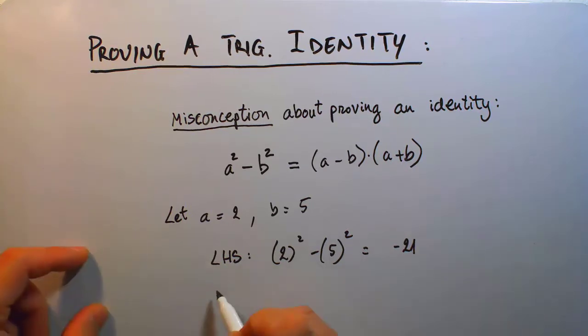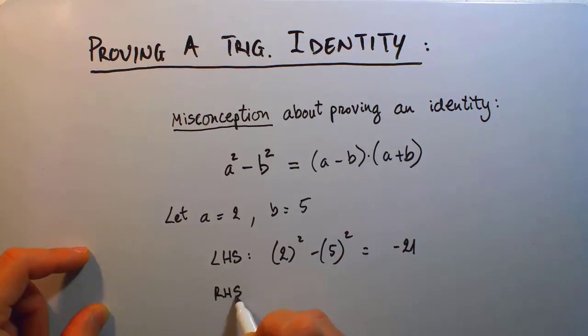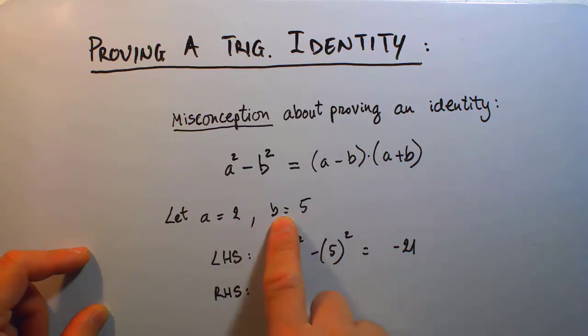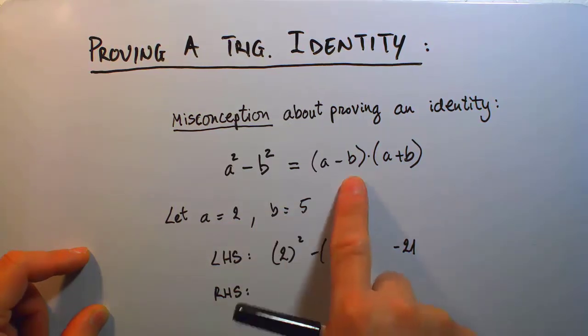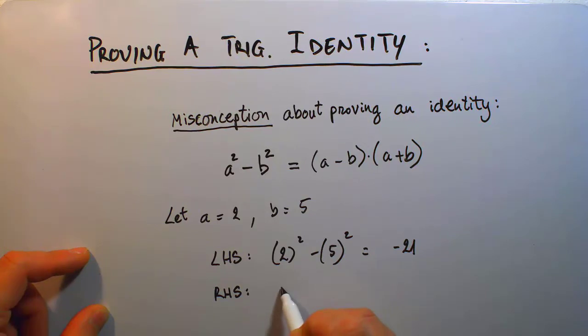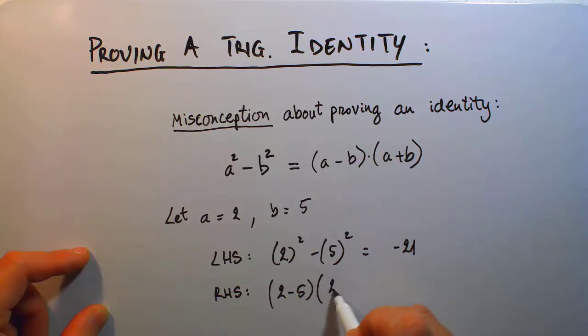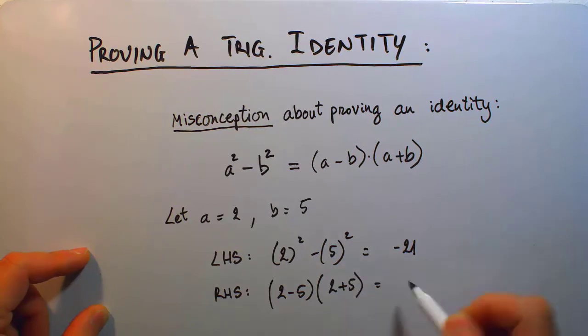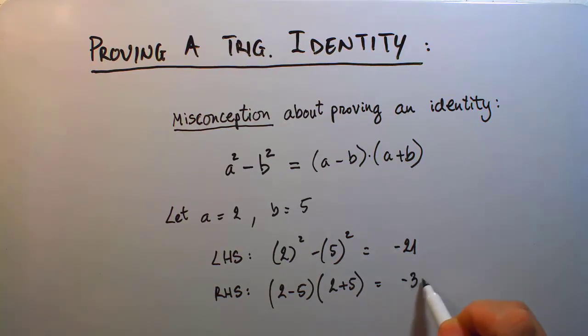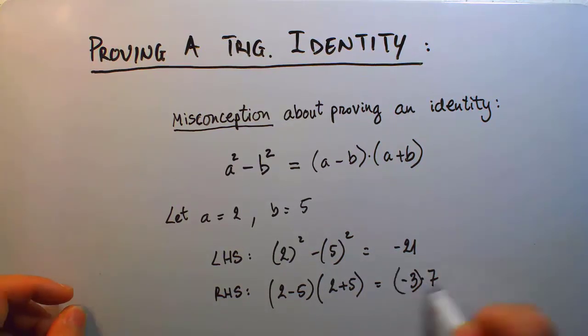And the right-hand side, in the meanwhile, using the same two values of a and b that we provided, we're looking at 2 minus 5 in product with 2 plus 5, and that gives me minus 3 times 7, which is also negative 21.